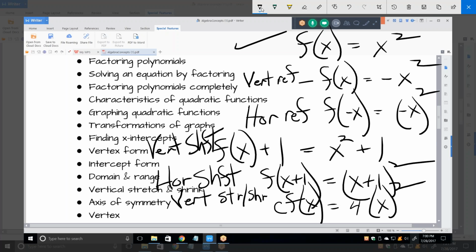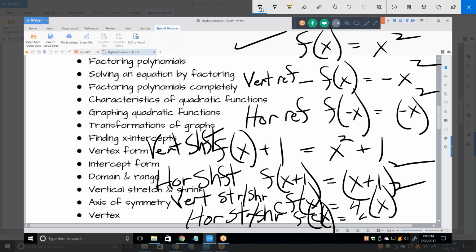We're going to go back and graph each of these. At the moment, I'm trying to teach you the difference between vertical transformations and horizontal transformations. Okay? Here is a horizontal stretch or shrink. And that's where the number is inside the function.